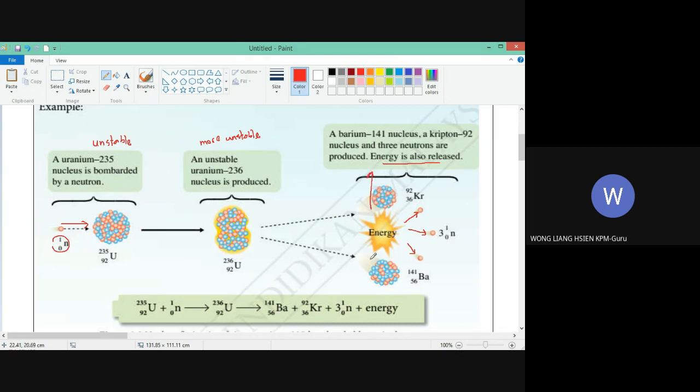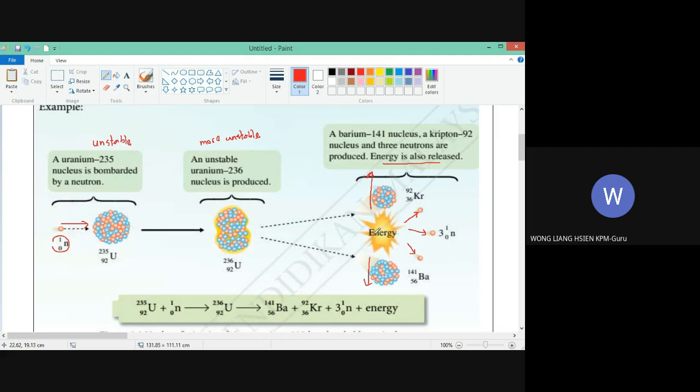They will fly in opposite directions when it splits. I repeat, when the uranium-236 splits, this krypton and barium will fly in opposite directions with very, very high velocity.